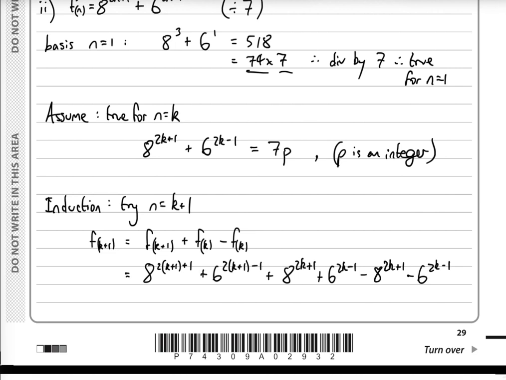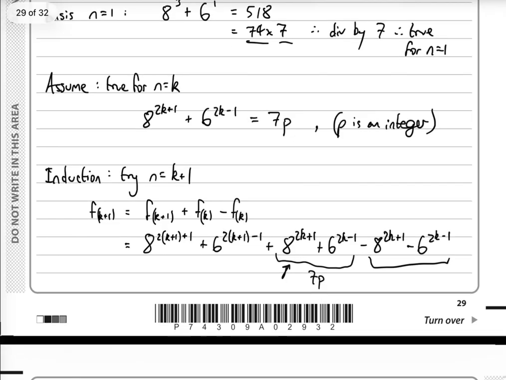And remember, we've assumed that these two together are divisible by 7, and then I can use these other two as part of my manipulation to show that the rest of it is divisible by 7, or the other way around, I can show these two are divisible by 7 and add these two for my manipulation. So either way, we've got some work we can do here with these terms.